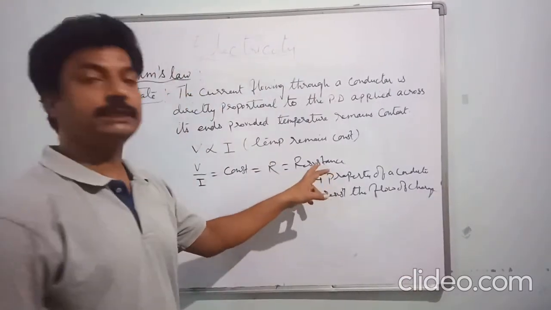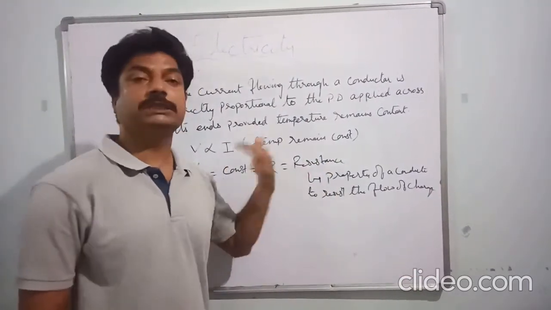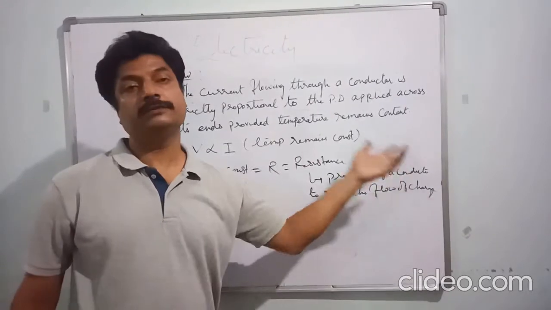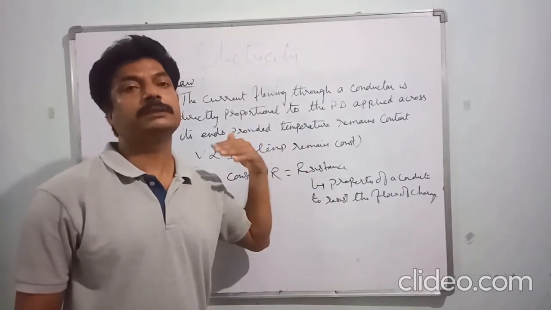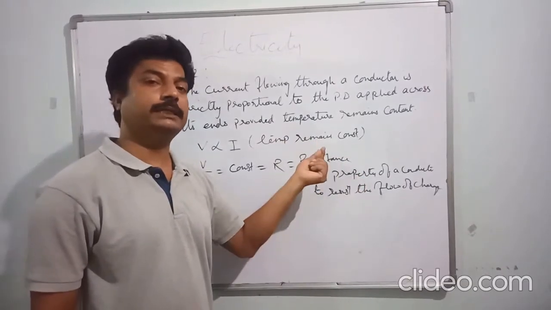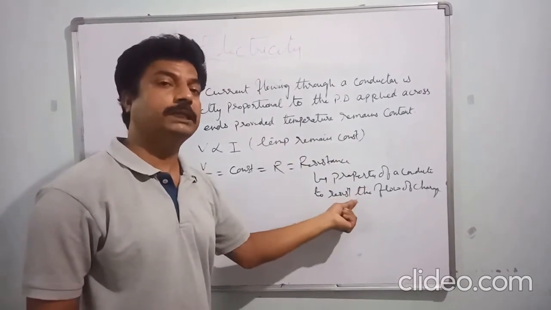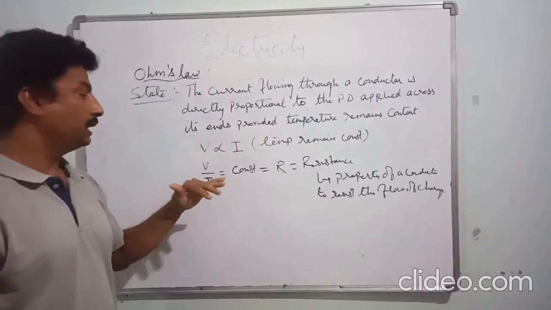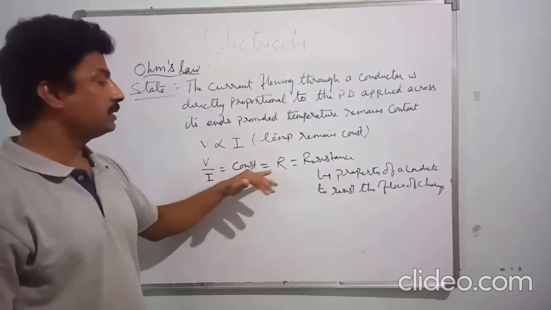Previously I told you resistance is that which opposes the current, which resists the flow of charge. Just as friction resists motion, equivalently in current the flow of charge is resisted, and that is called resistance. So V by I is constant.